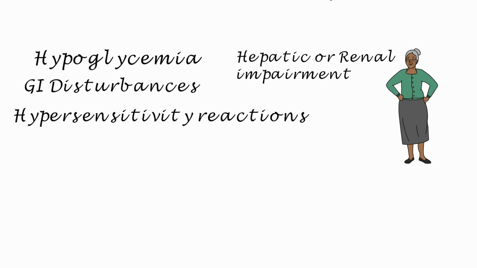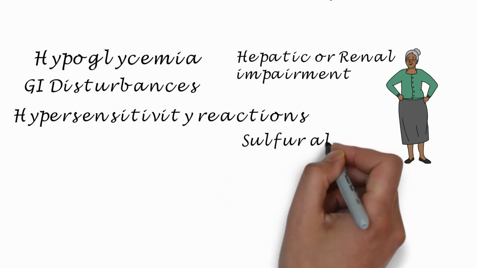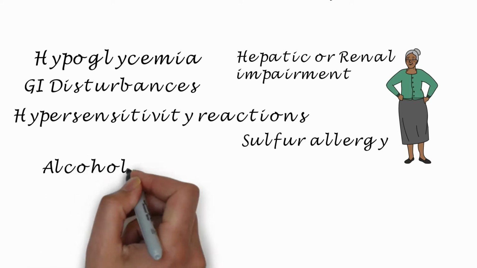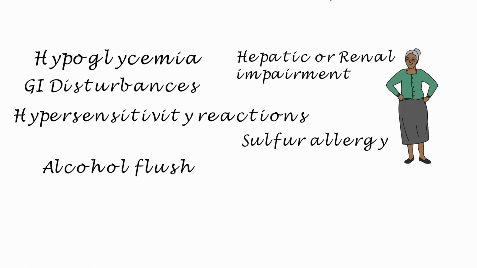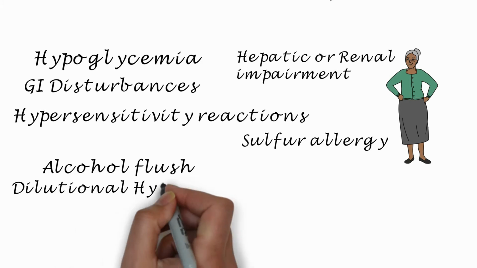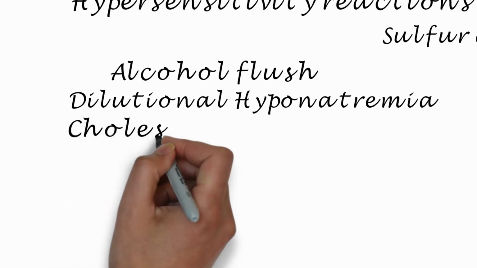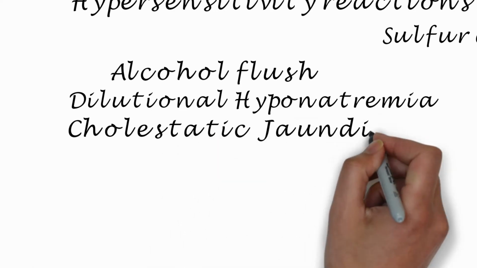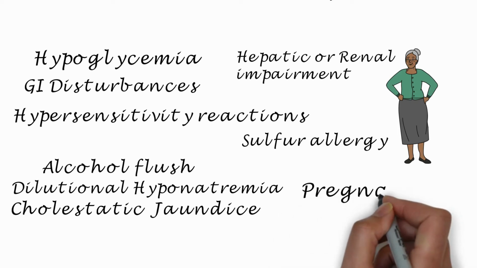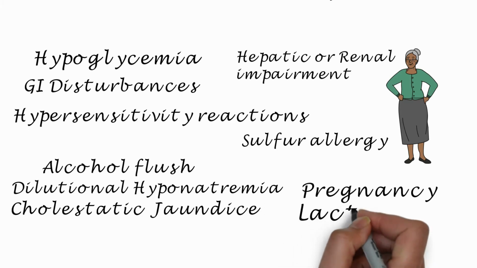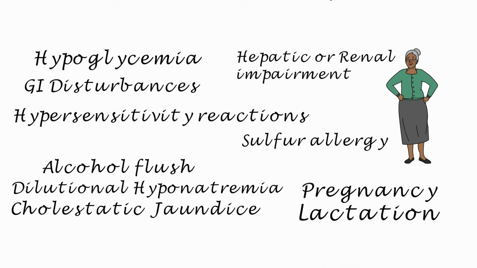So these drugs are contraindicated in sulfur allergic patients. A hyperemic flush with alcohol use, dilutional hyponatremia, and cholestatic jaundice have occurred, especially with chlorpropamide. Their safety has not been established in pregnancy, and all of these agents are secreted in milk. So these drugs are contraindicated in pregnant women and lactating women.